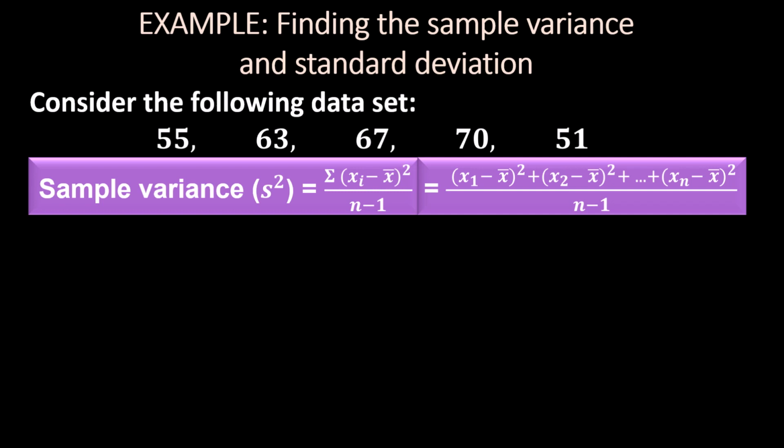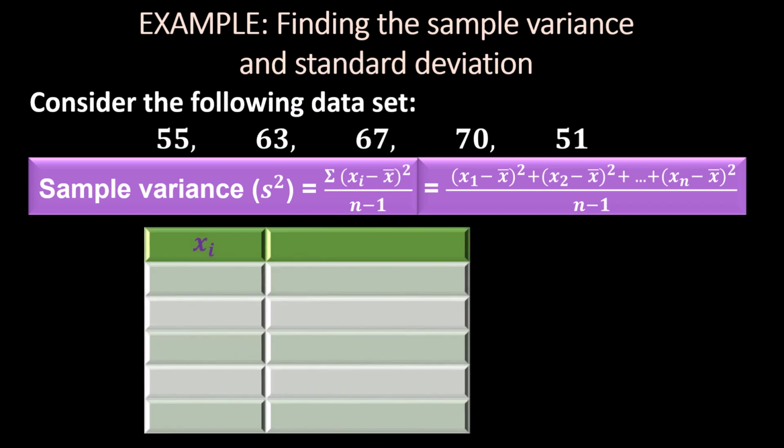First, let me create a table, and in the first column I write down the observations. There are 5 observations, so you can write the observations in the first column. In the second column, I am going to find the deviation from the mean of each observation, that is xi minus x bar. So first you need to find the x bar.